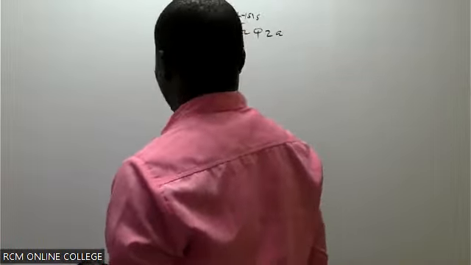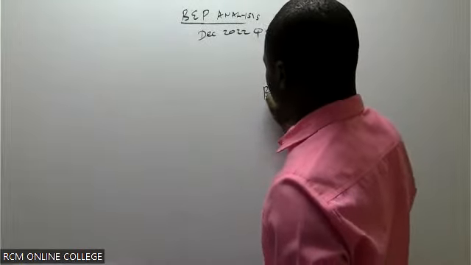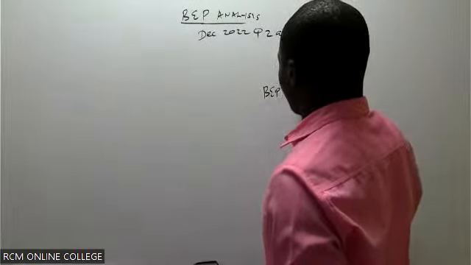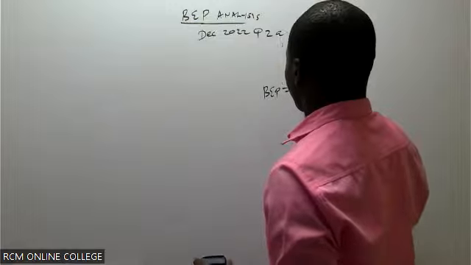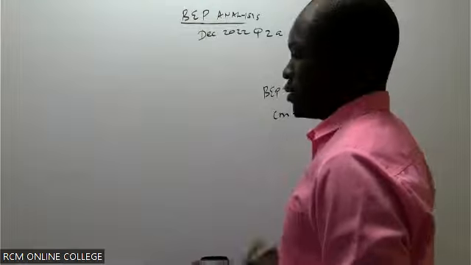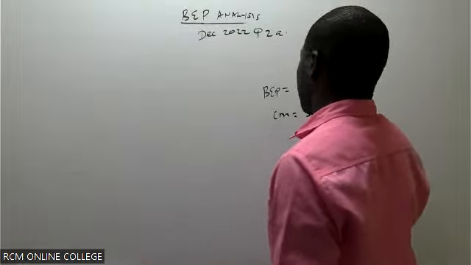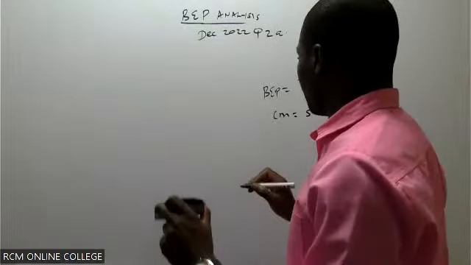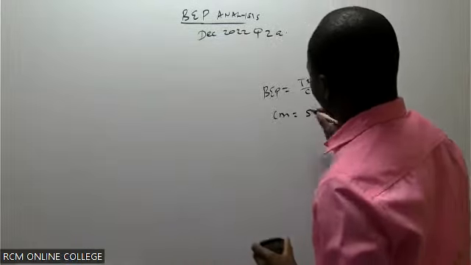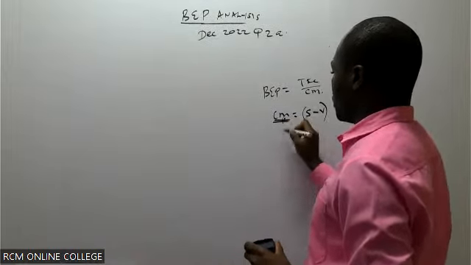So if you look at that question, remember how we are doing the CVP analysis. For us to get break-even point, we are getting total fixed cost divided by contribution margin. How are we getting contribution margin? It is equivalent to S minus V. So they want us to have columns whereby we get S minus V for us to be able to get contribution margin.